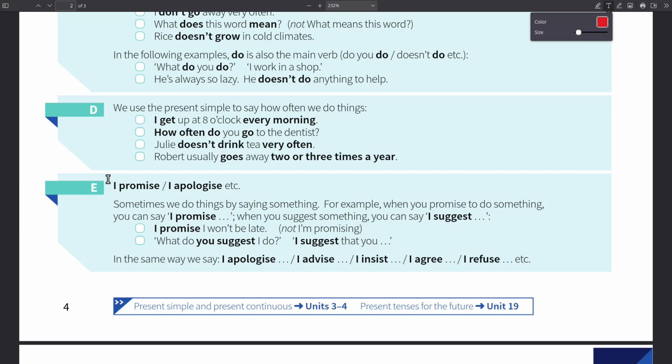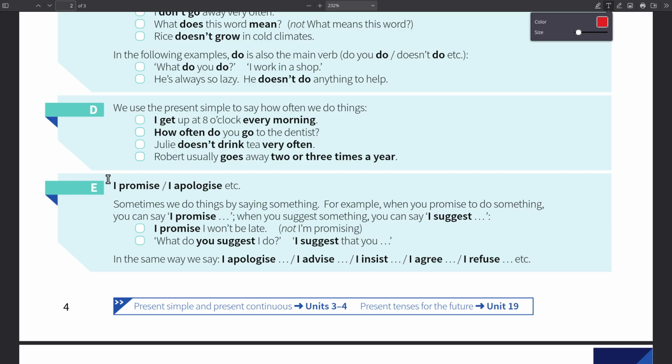In that case, there are words that we have to use always in the simple present, or present simple. Okay, for example, I promise, or I apologize, because we are saying I apologize, right, we are doing that action.